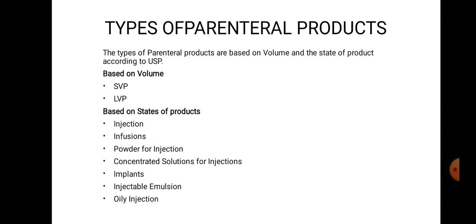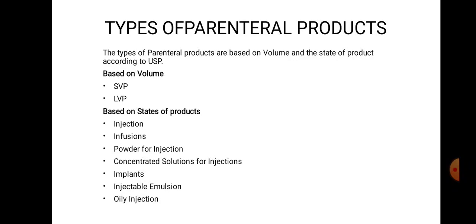the parenteral routes, we have so many routes for parenteral products like intravenous. Intravenous is injected by vein, and intramuscular is given by muscle tissues. Intradermal is given into the dermis of the skin, and subcutaneous is the subcutaneous tissue of the skin.